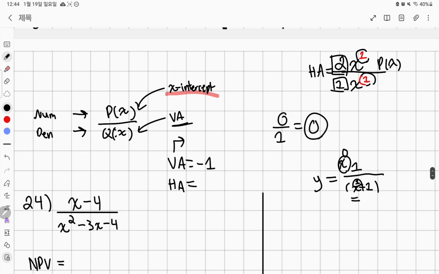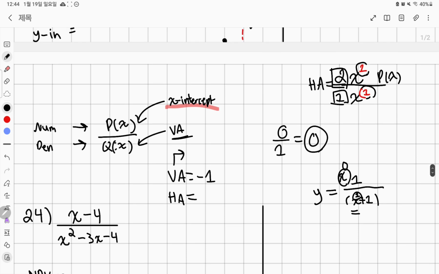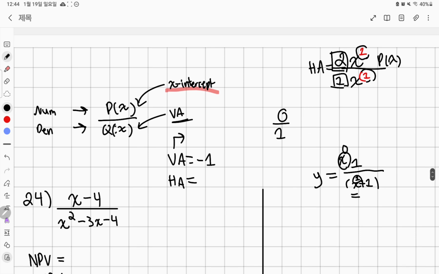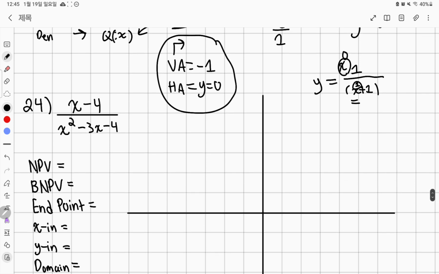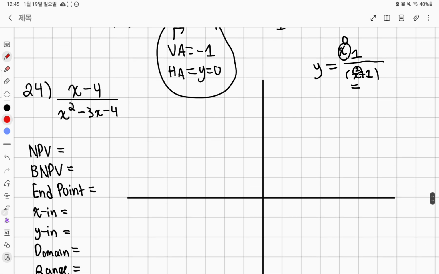What this means is that when the denominator is greater than the numerator just by degree, y is equal to 0. And this is our horizontal asymptote. Make sense? Okay, then we can easily just point it out.